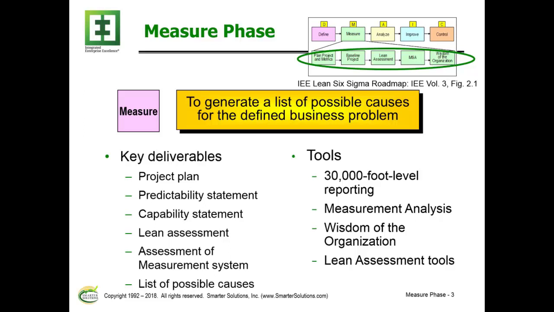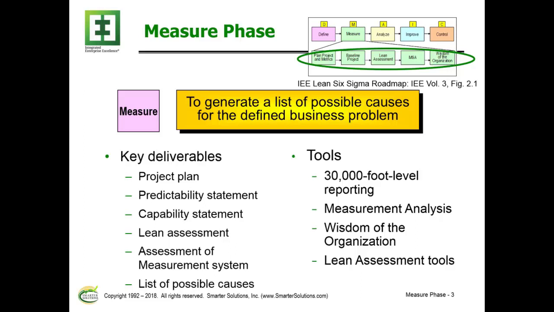Now, Lean was not included in my book, Implementing Six Sigma, in 1999, but in the second edition it was. So in 2003, I added Lean assessment to this drill down. So now in the measure phase, we have quite a few different items that we're listing here as the key deliverables: project plan, predictability statements, Lean assessment, and so on.